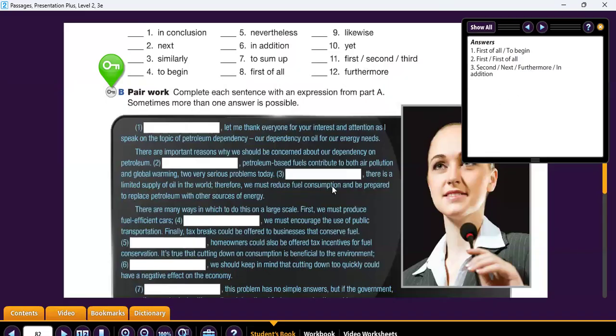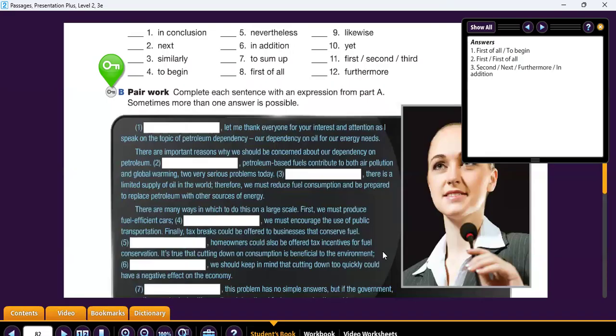There is a limited supply of oil in the world. Therefore, we must reduce fuel consumption and be prepared to replace petroleum with other sources of energy.